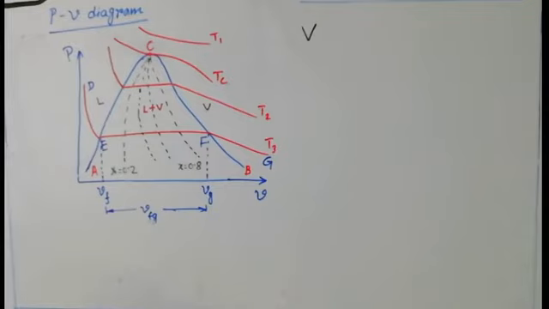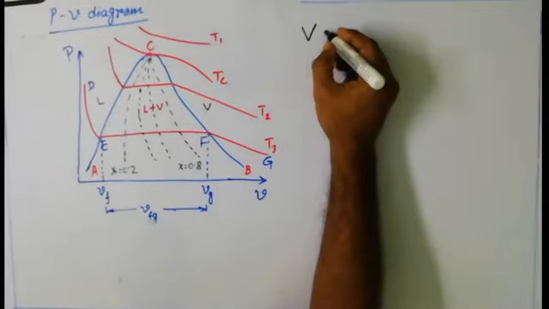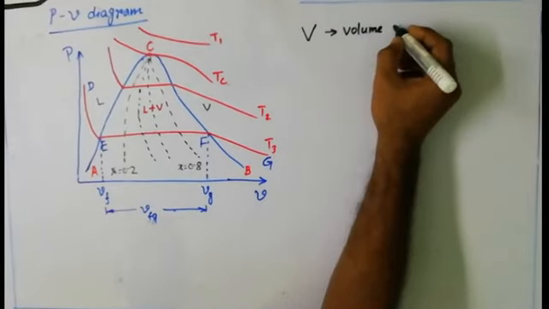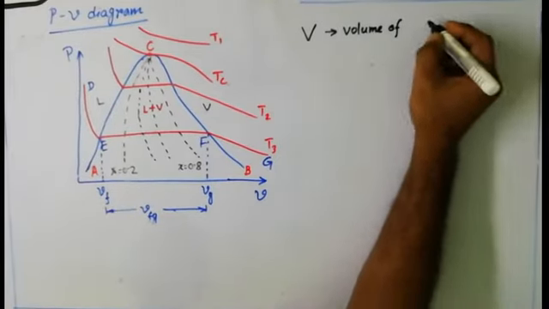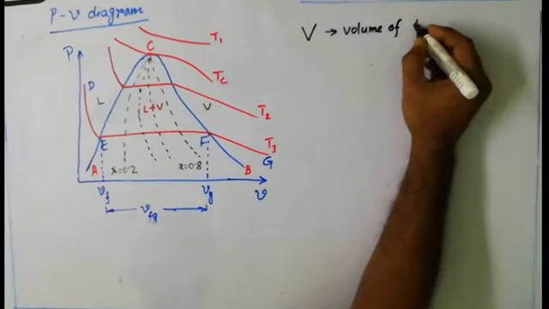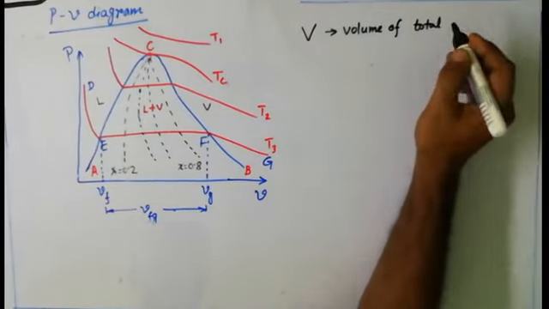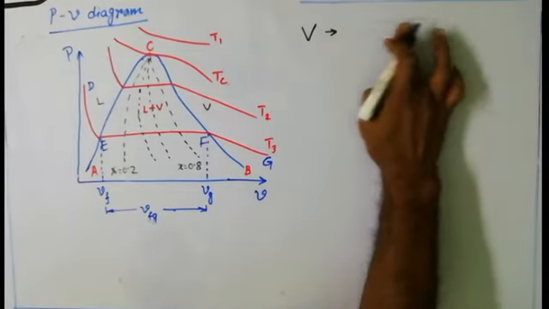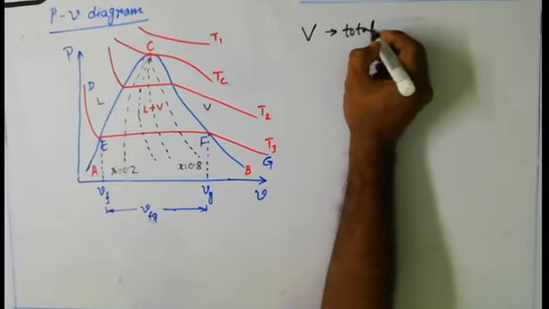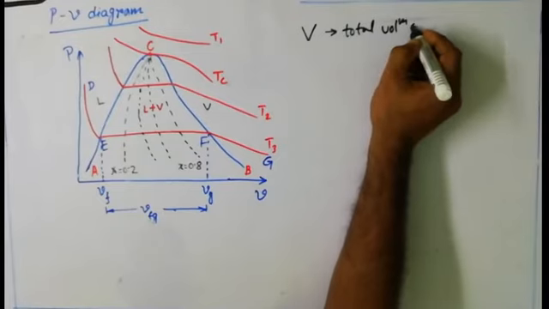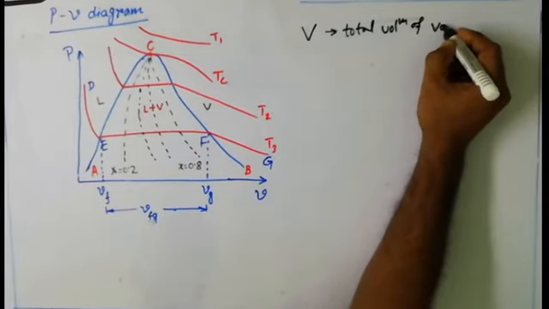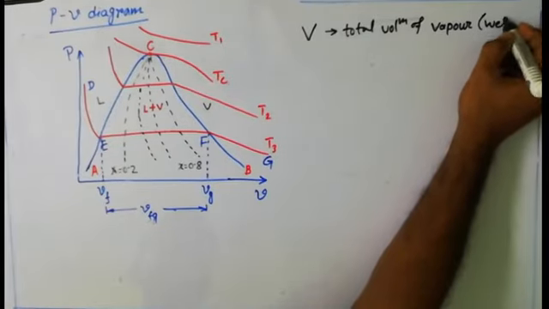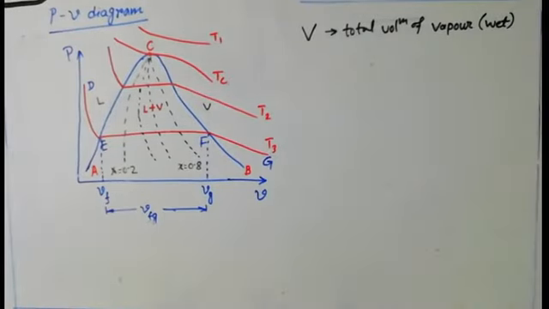So V means the total volume of wet vapor, where some moisture is existing.